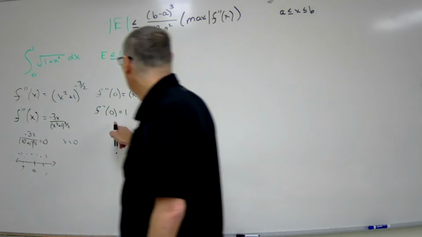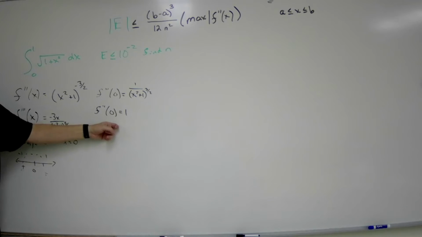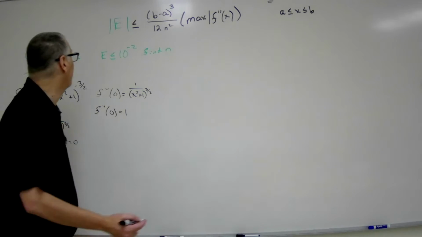Okay, so now that we have this, f double prime is 1, now let's just plug in the numbers that we have. What's my a? My a, my lower bound. What's my upper bound? 1, that's my b. I've got 12, I'm looking for n, and I know the max of f double prime of x is 1. So I plug everything in.